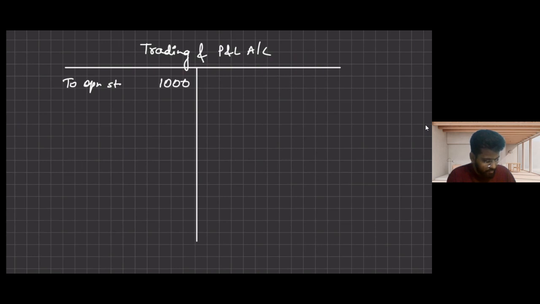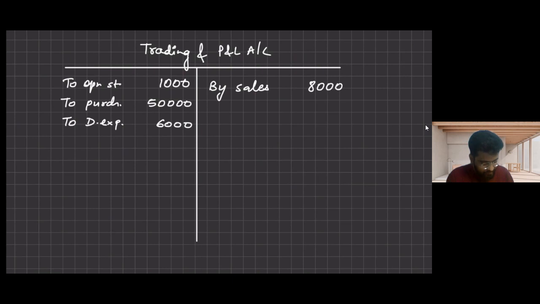We have purchases of 50,000 rupees. We have direct expenses of 6,000 rupees. We have sales of, let's say, 80,000 rupees. We have our closing stock of 7,000 rupees. Okay.